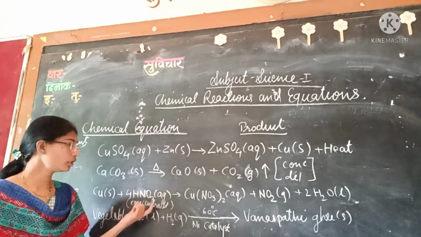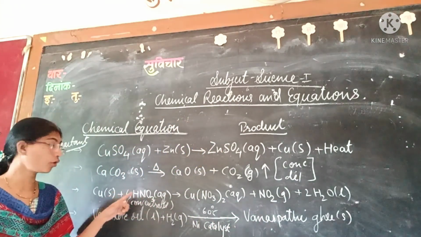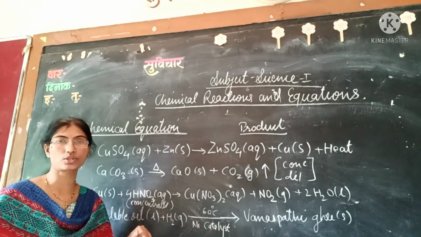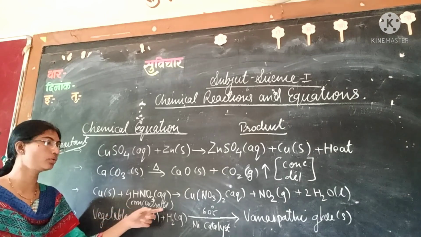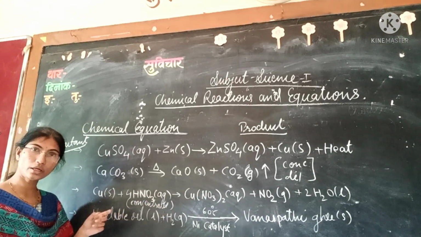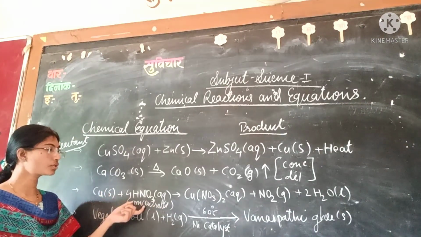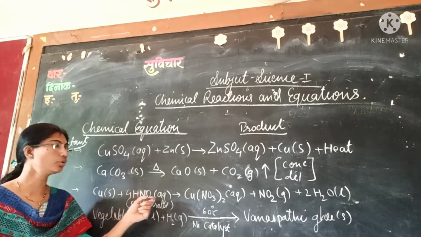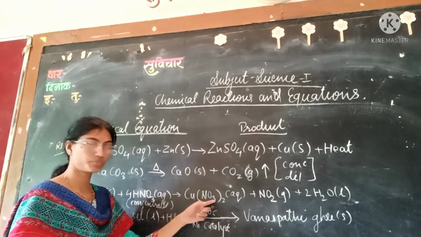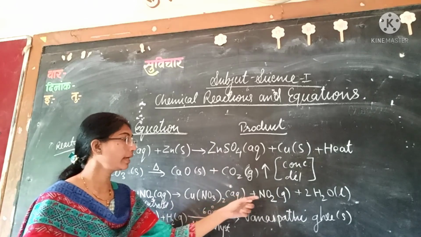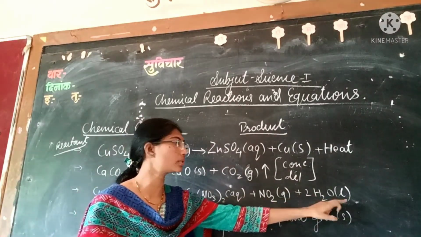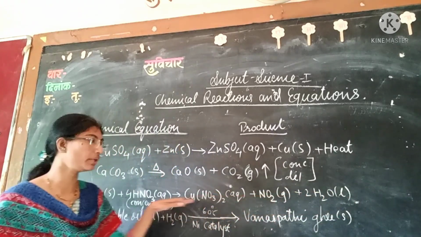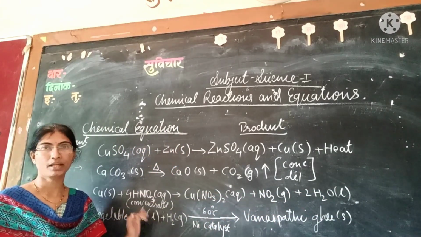So additional information is needed, because the formula is the same for dilute and concentrated. To mention whether it is concentrated, we write concentrated. So here copper reacts with concentrated nitric acid to form copper nitrate in aqueous form, so AQ. Then nitrogen dioxide in the gaseous state and water in the liquid state. In this way we mention the information in the chemical equation.